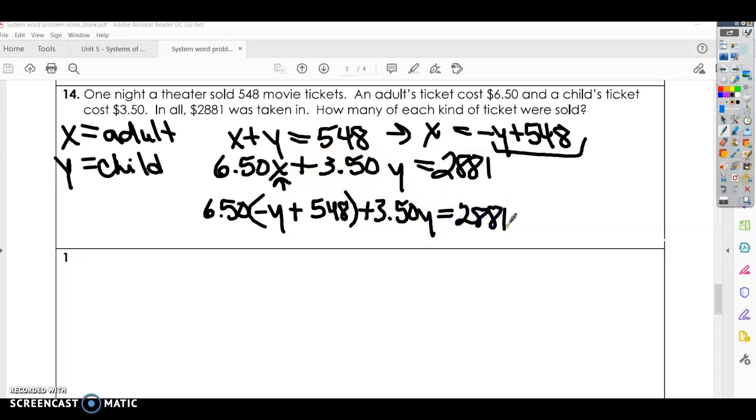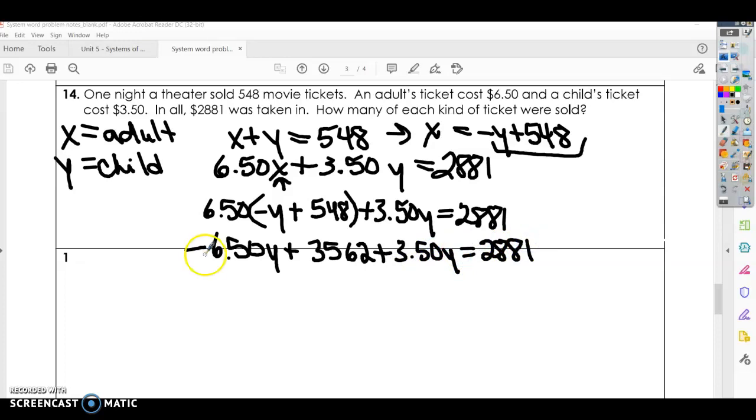All right, so distributive property, I've got to distribute this, so I'm going to have negative 650y. And 650 times 548 is 3,562. I'm going to bring down my 350y. Alright, so now I can combine my y's.